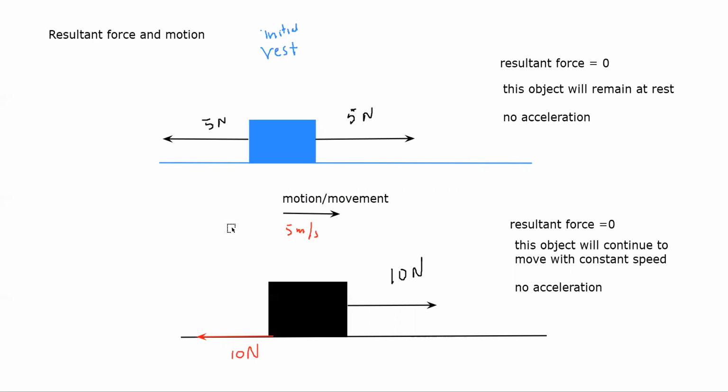One is a driving force and another one is the frictional force, which is opposite to the direction of the driving force. So this object will not accelerate, or will not change its speed. It will continue to move with a constant or uniform speed of 5 meters per second.